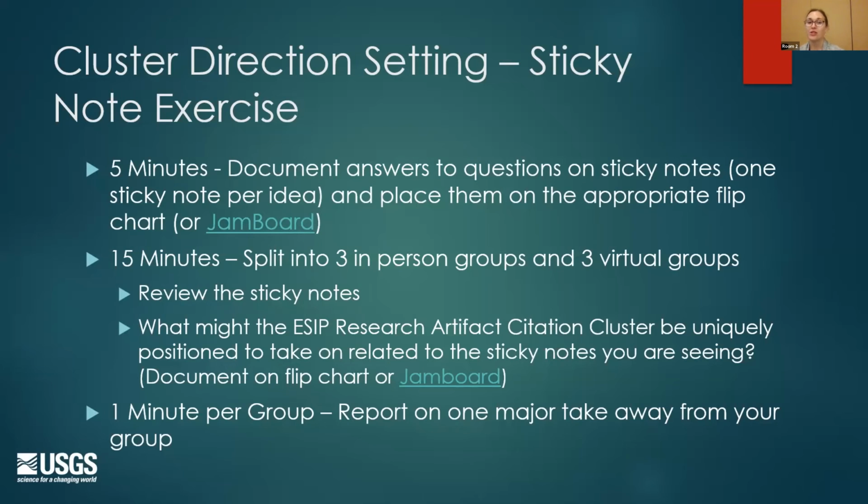What we want you to do is think about the 3 questions that we asked before, and I'll put those back up in just a minute, and write your response, one response per sticky note.